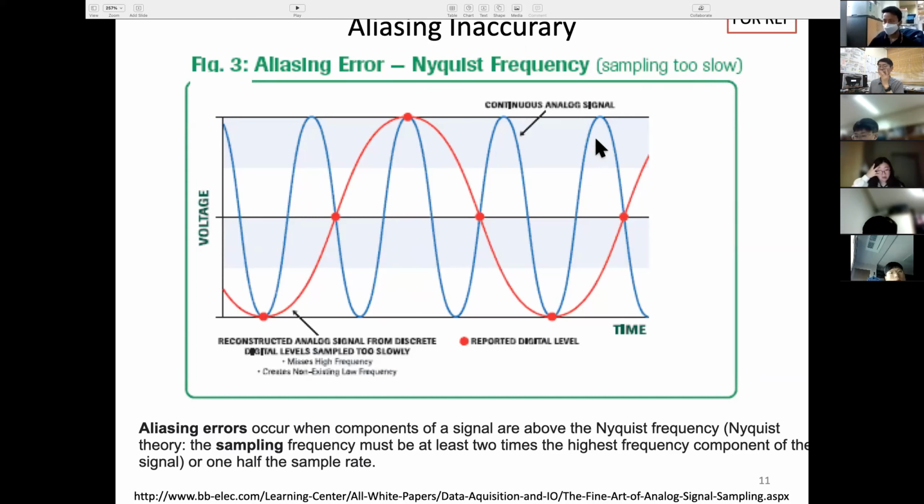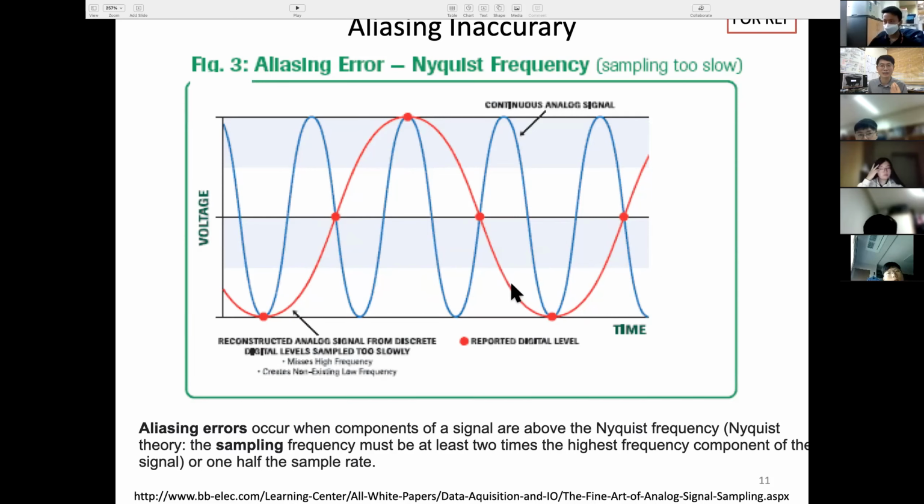And let's say we happen to collect samples at every half of the period, okay? That is exactly here with the red dots. So the red dots are reported, but consider that you are not able to see the blue, you only see the red dots.